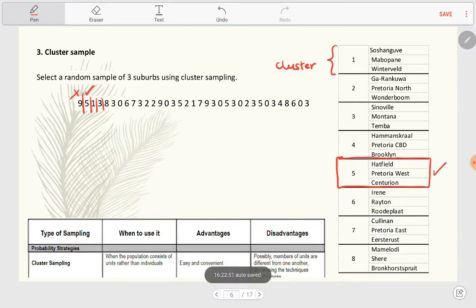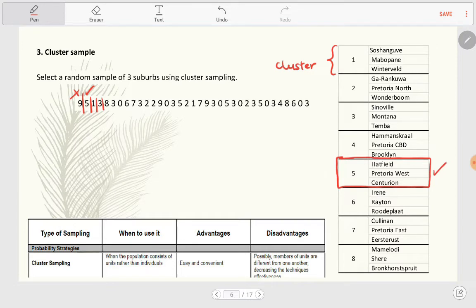And when are you going to use this? When you have these units. You can see these kinds of groups and clusters, and that's when you want to use cluster sampling. The advantage is that it's easy and convenient, but the disadvantage is maybe within a unit you will end up with the units being very, very different from one another.